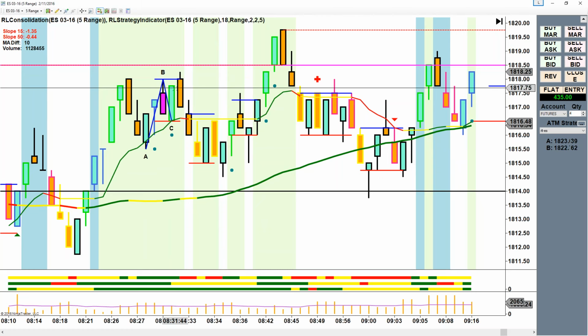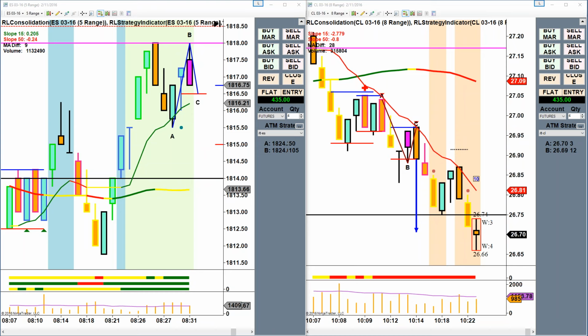Now, again, we did not have an algorithmic entry, but the market is so choppy, and we get multi-time frame alignment so rarely, that I'm not surprised.